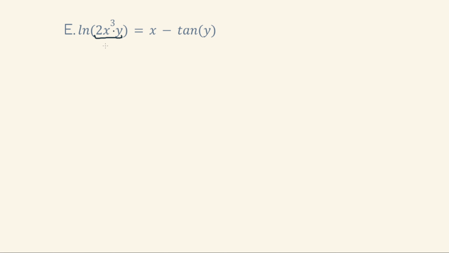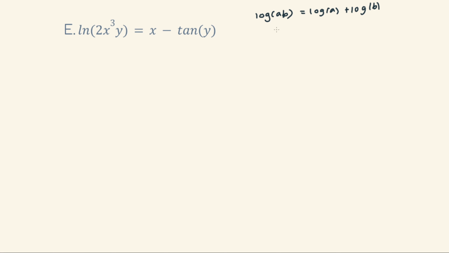But honestly, if you think back to your log properties, right? This is actually not too bad of a question because you should remember that log of AB, if you have two things being multiplied inside your log, you can rewrite that as log of A plus log of B, right? So you can really just separate this ln here.